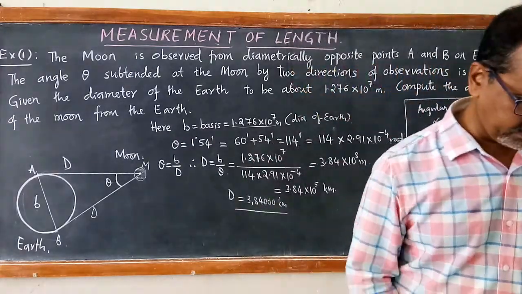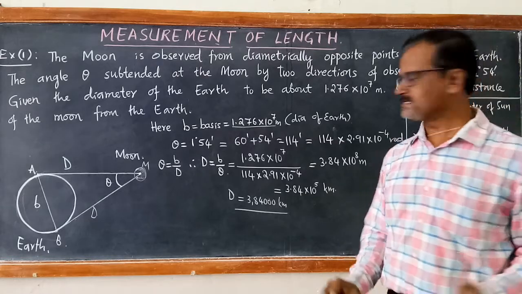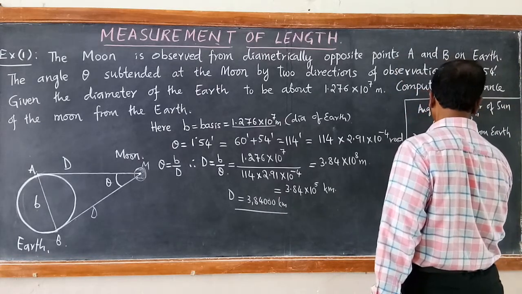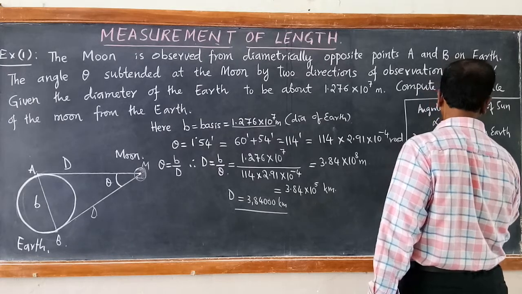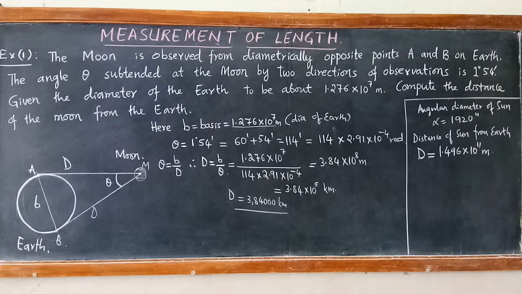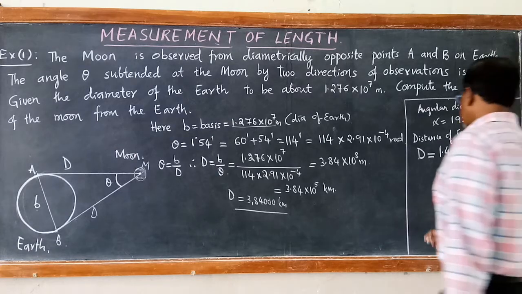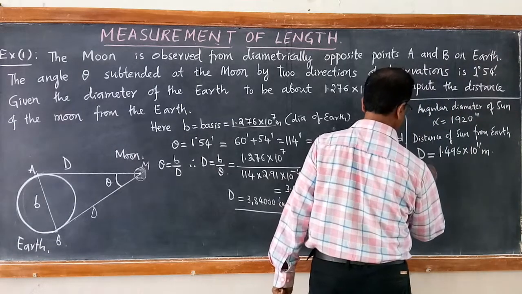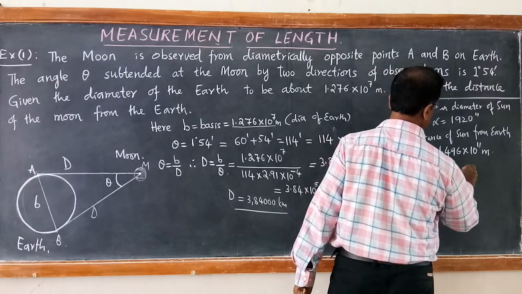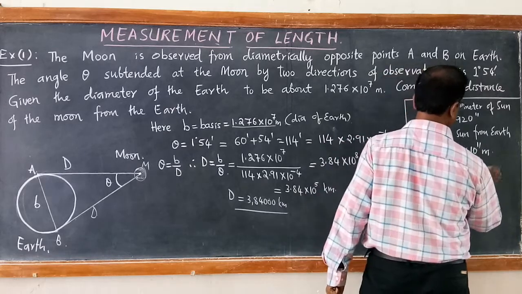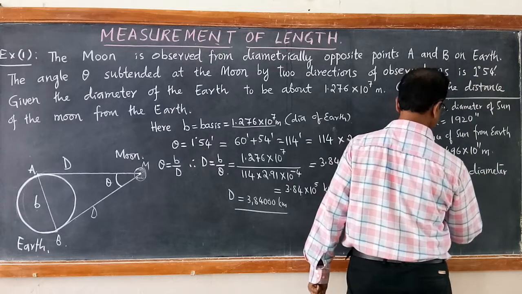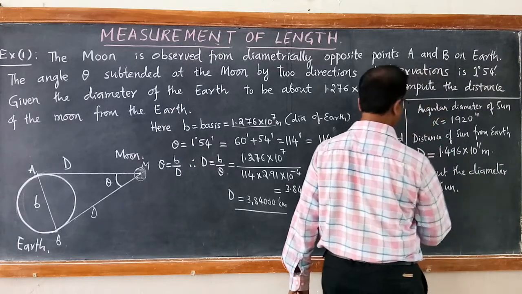But the correct value is d equal to 1.496 into 10 raised to 11 meter. You are asked to calculate the diameter of sun.